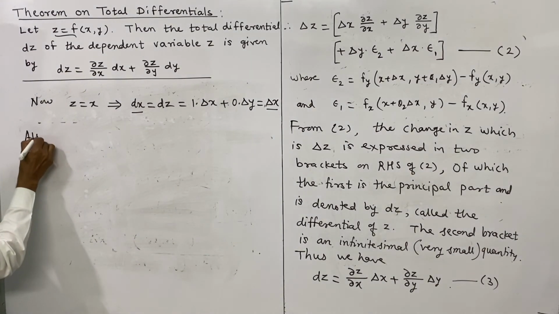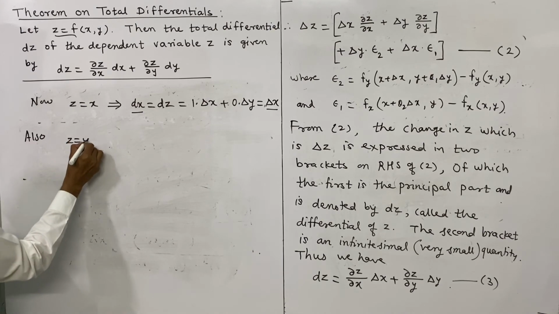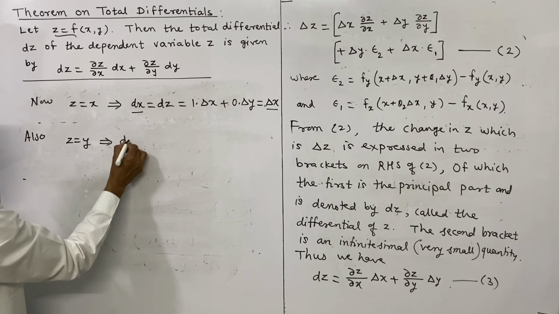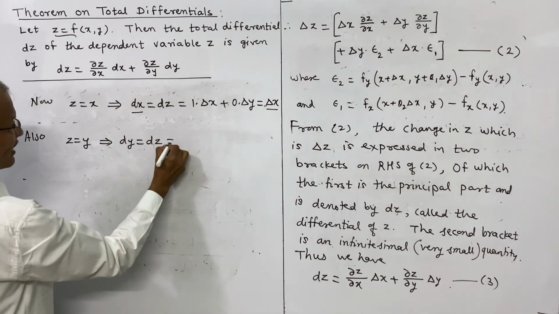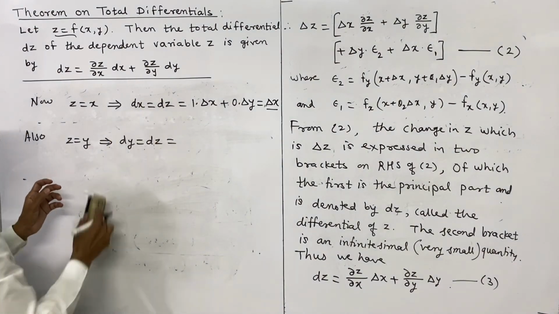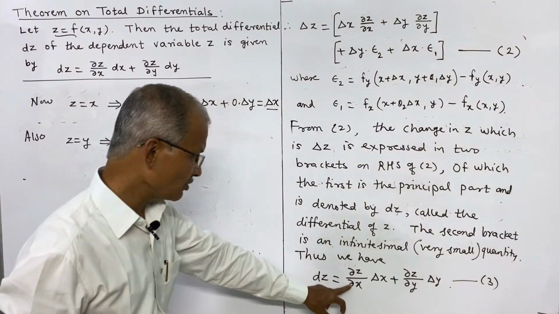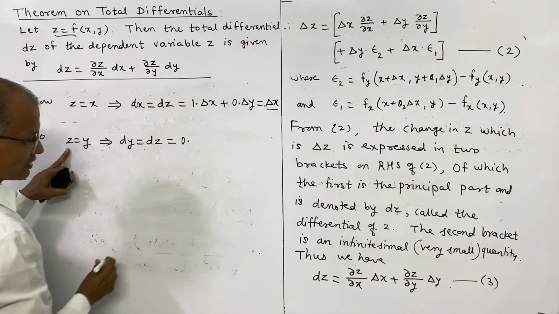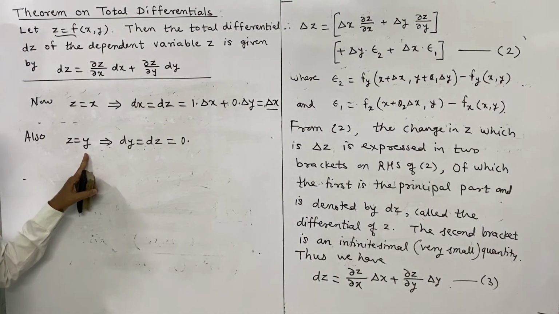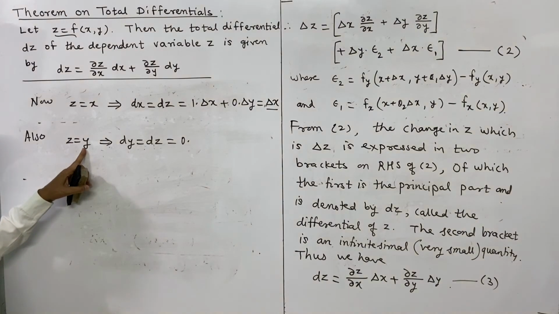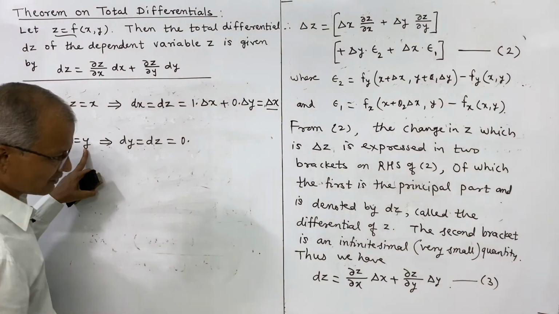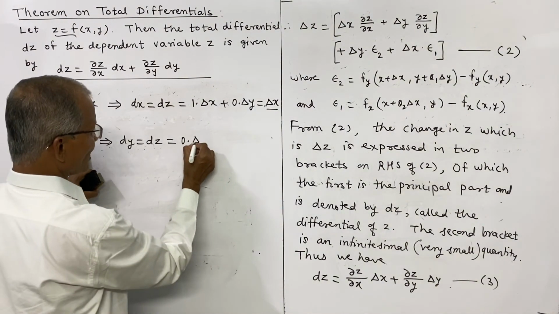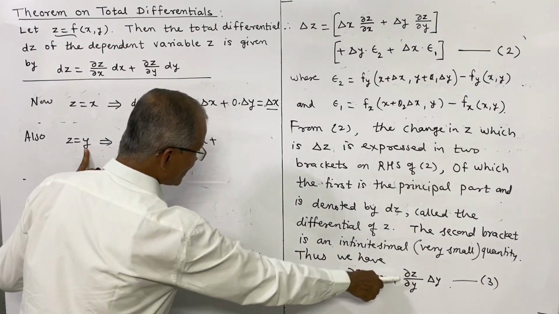Also, z is equal to y. What will that imply? Dy is equal to dz. Again use 3: dy is dz, and dz is dou z by dou x, which will be 0, because z is a function of y only, so the partial derivative with respect to x will be 0. 0 into delta x plus, now what is dou z by dou y here?